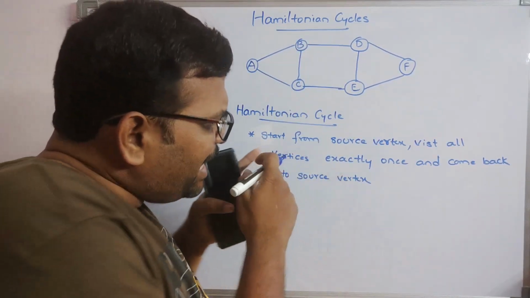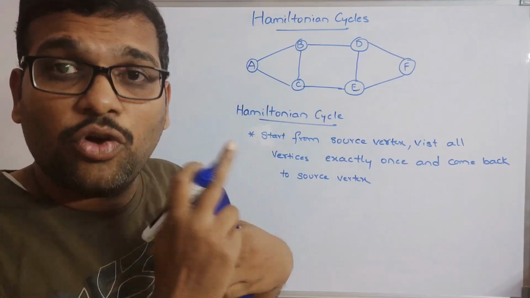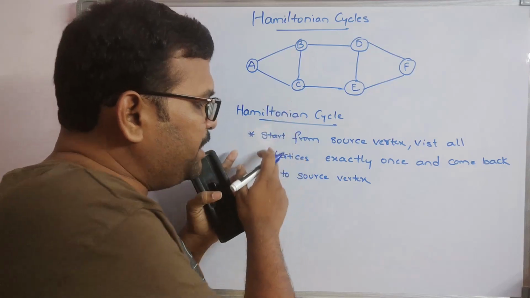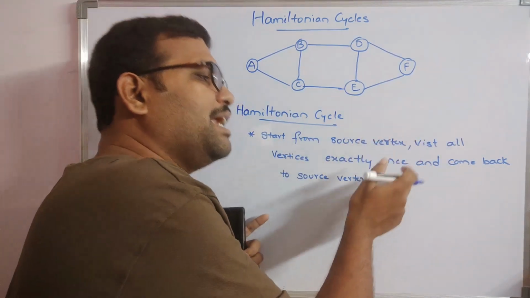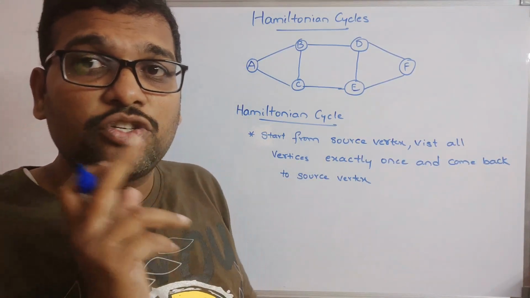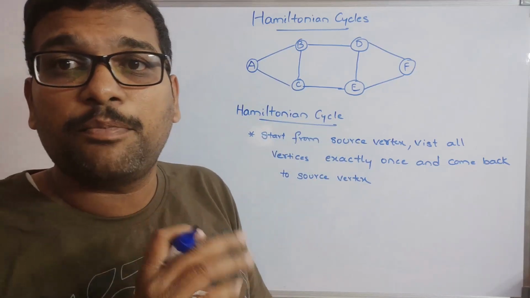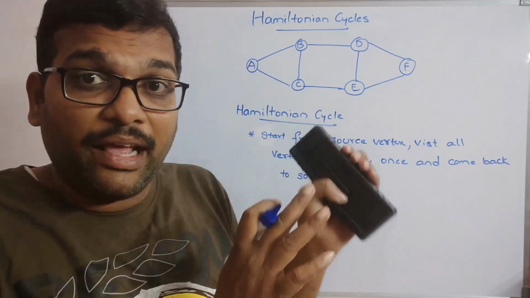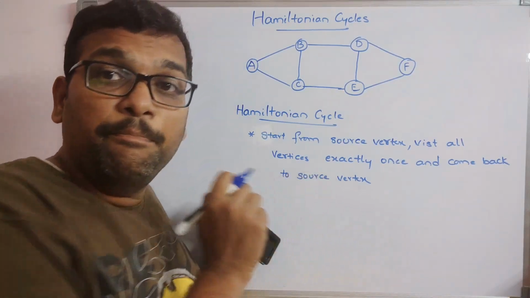Okay, so the same thing we have learned somewhere else, right? Yes. The same problem: starting from source vertex, visiting all vertices exactly once, and coming back to the source vertex, is a solution of the traveling salesperson problem. But there we have to solve this with a minimum cost.